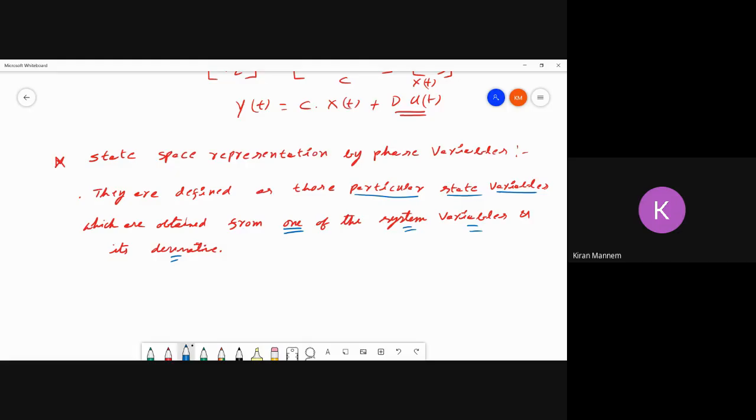Normally the system variables are input variables or output variables. Here we take output as the system variable and take the derivatives of the output. That's how we represent phase variables in terms of the output variable and its derivatives.